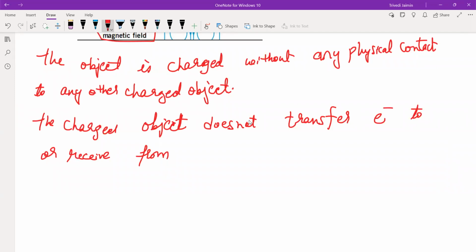Let's write this much. Does not transfer or receive.